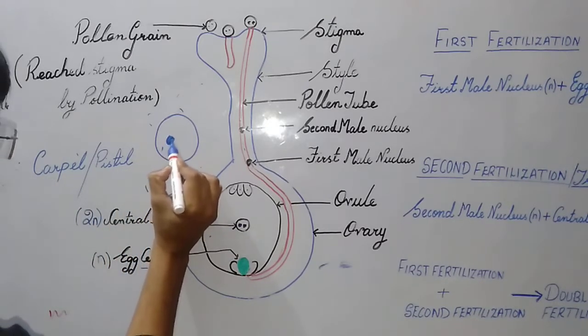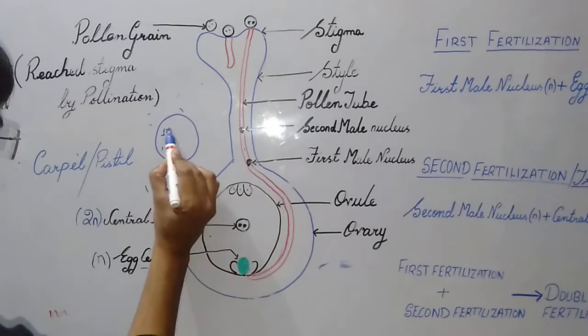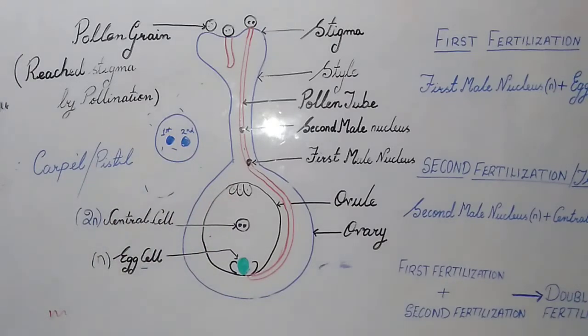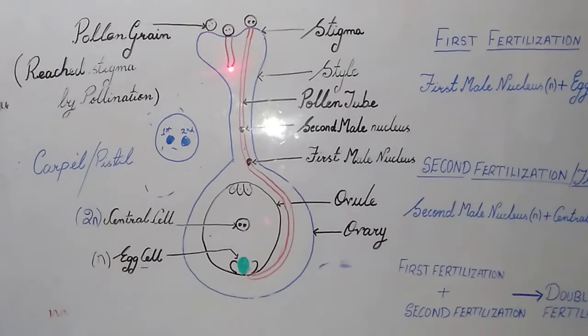First male nucleus, second male nucleus. So the pollen grain contains two male nuclei inside it. Once it reaches the stigma, the pollen grain forms a tube known as pollen tube. See this one.